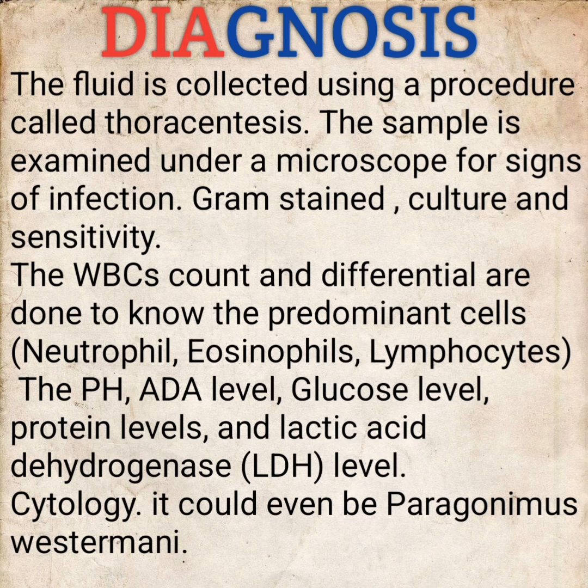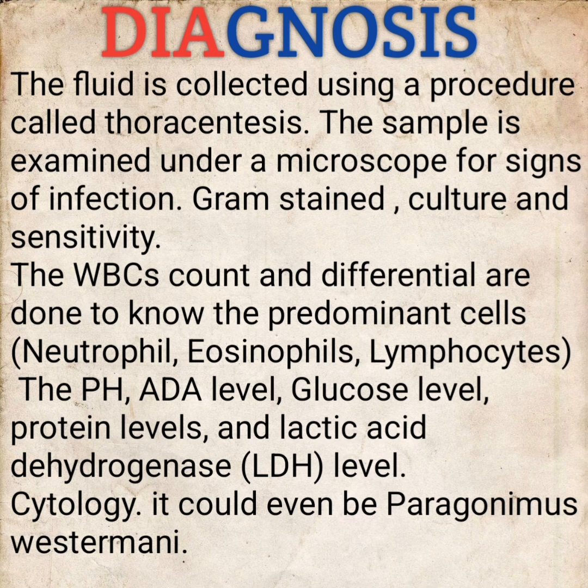So the fluid is collected using a procedure called thoracentesis. The sample is examined under a microscope for signs of infection: Gram stain, ZN stain, culture and sensitivity. The white blood cell count and differentials are done to know the predominant cells, whether it's neutrophil or eosinophil.